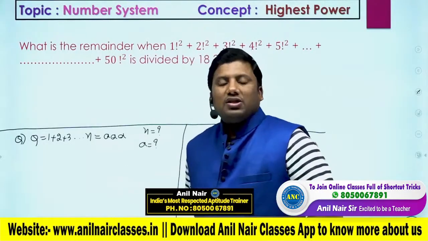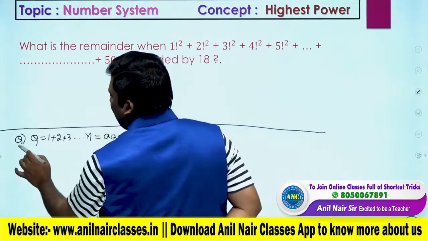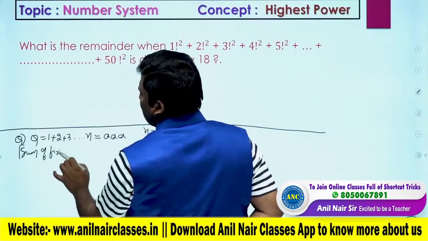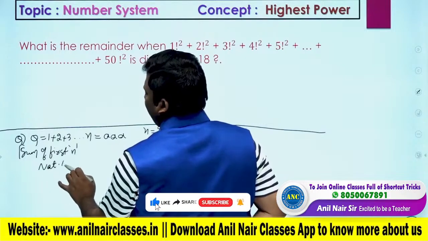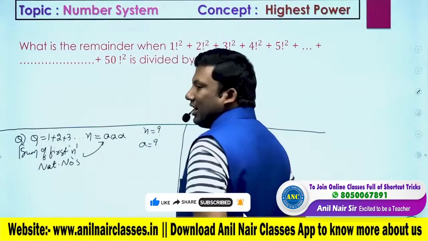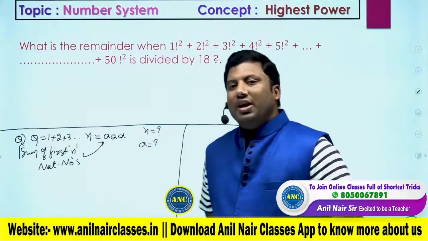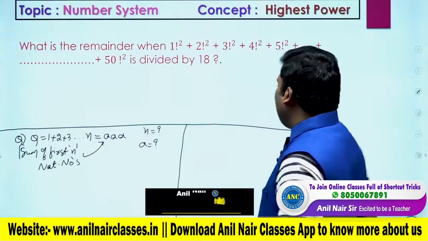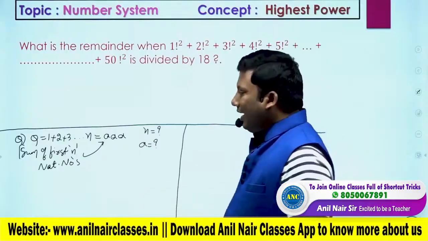Q is the sum of the first n natural numbers, starting from 1. It is a 3-digit number where all the digits are equal. Find A and find n.